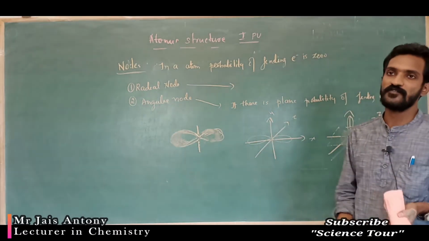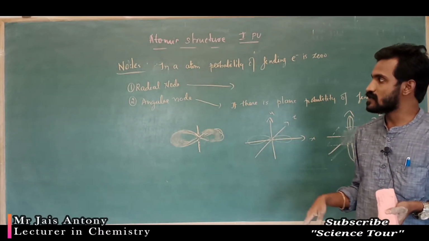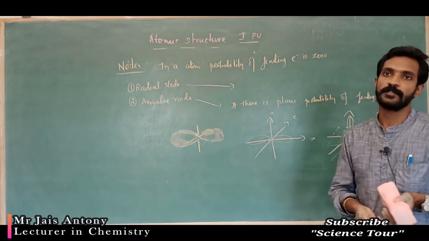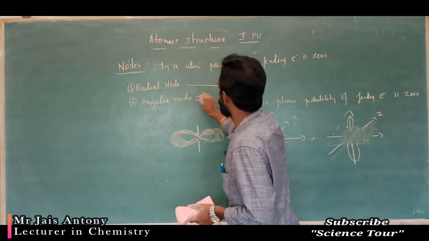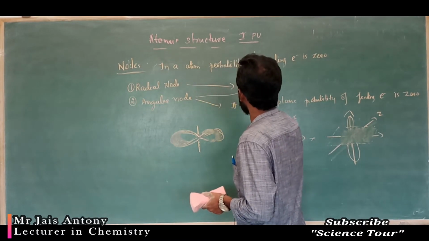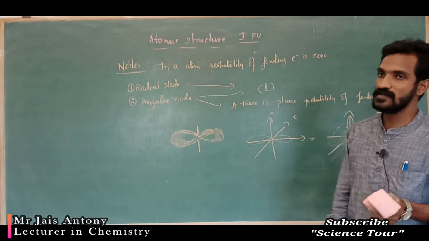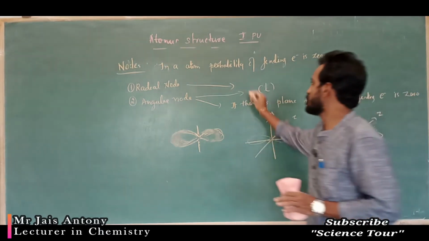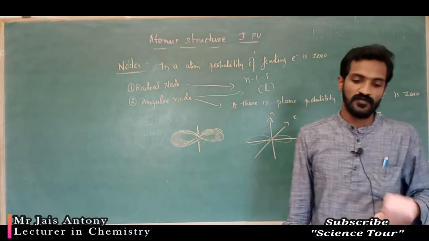Angular node is mainly for p and d orbitals, and radial node is mainly for s orbitals. To find angular nodes, the formula is L. To find radial nodes, n minus 1 minus L. Note down these two.